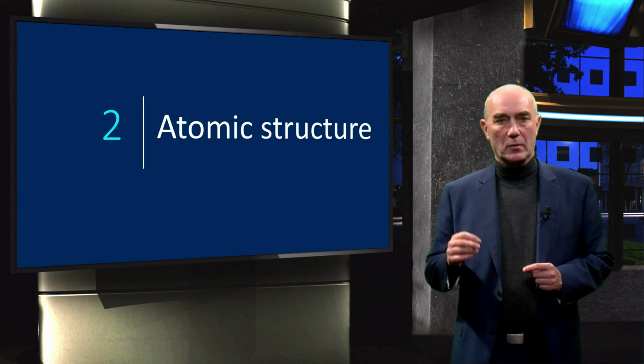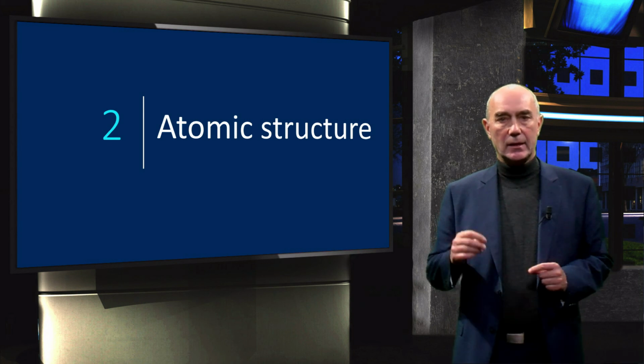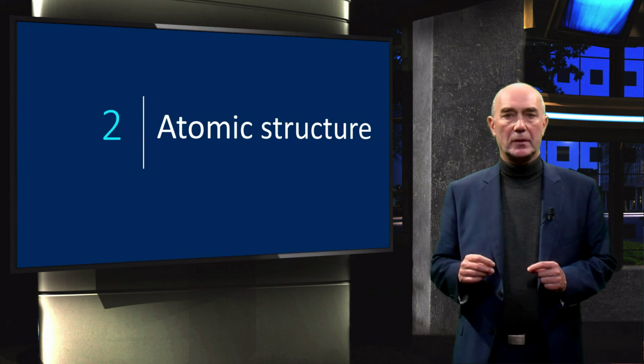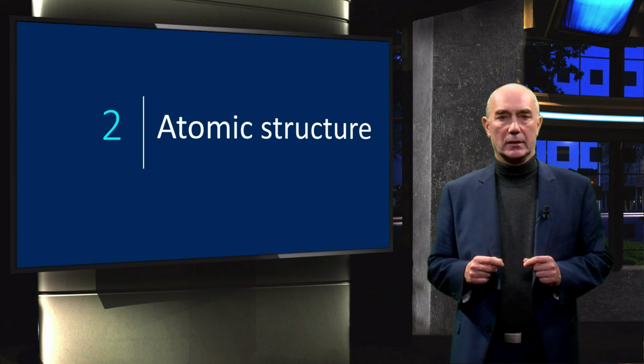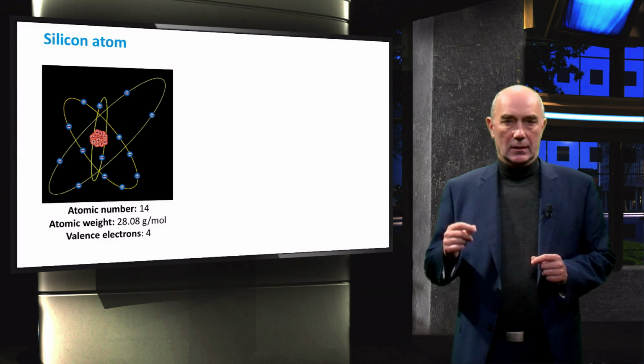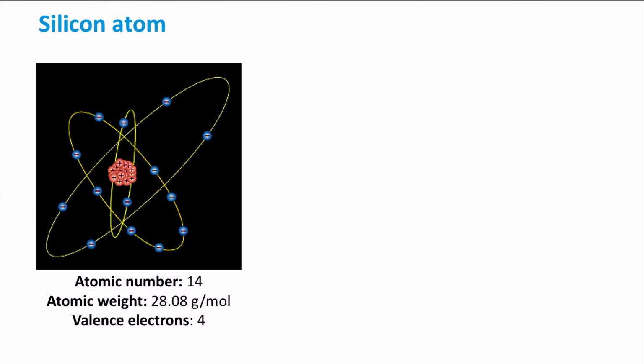Now that we know why we use silicon, let's take a look at its atomic configuration to start to understand a bit more about this material. The silicon atom has an atomic number of 14. This means that it has in total 14 electrons orbiting around its nucleus.